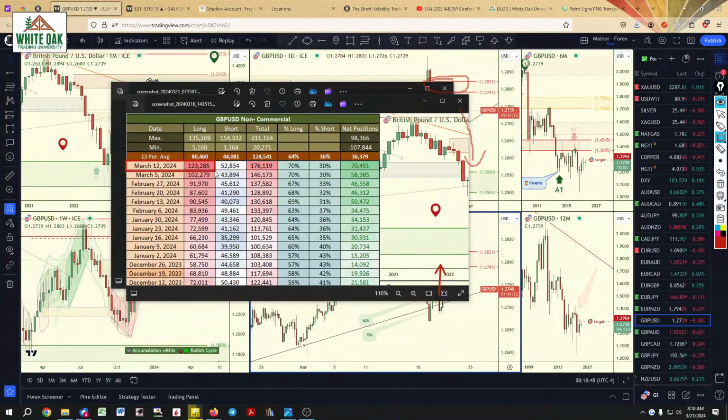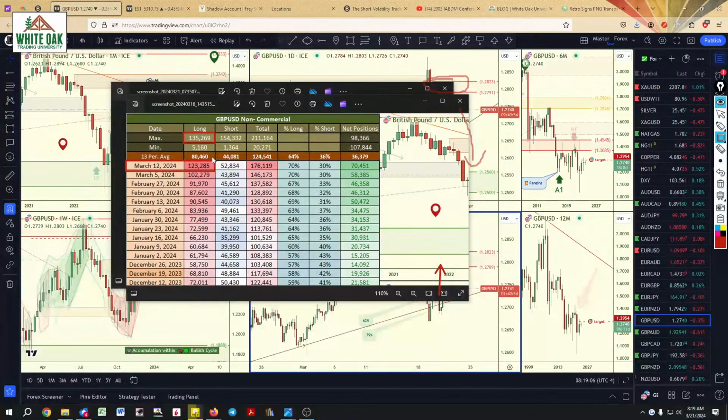What's the all-time maximum size that they've ever held long? 135. Okay? We're not very far from that. You know what that means? We're very likely going to see a massive profit taking on long positions.